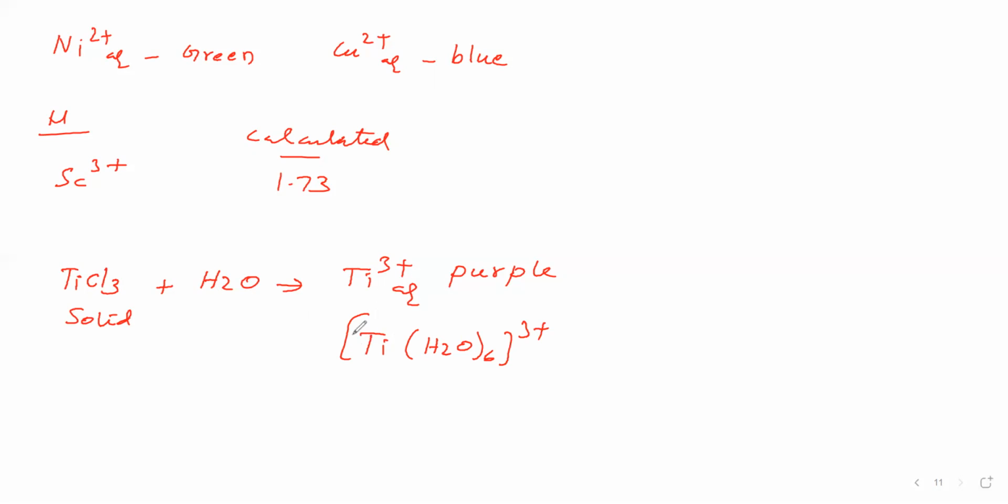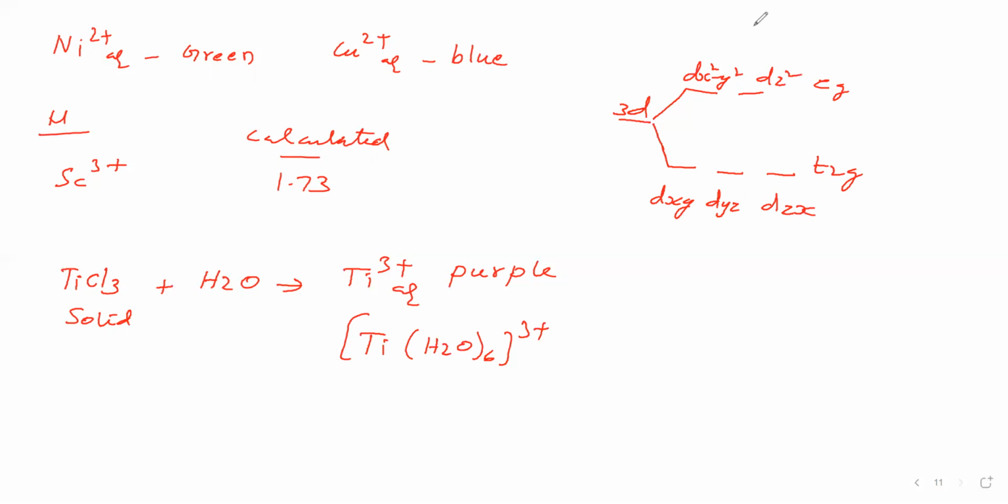It is an octahedral complex. In the octahedral complex, the titanium 3d subshell is divided into two: one is t2g, another one is eg. In t2g, dxy, dyz, dzx orbitals will be there. In the eg set, dx square minus y square and dz square orbitals will be there.